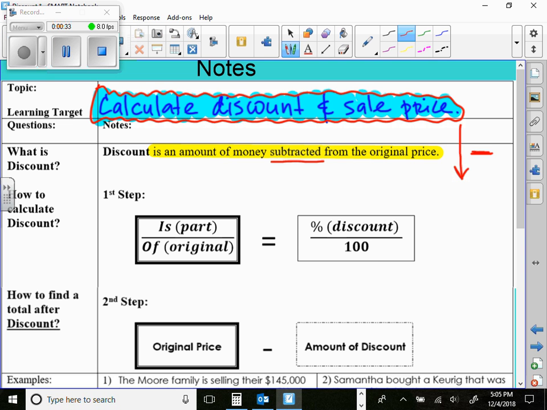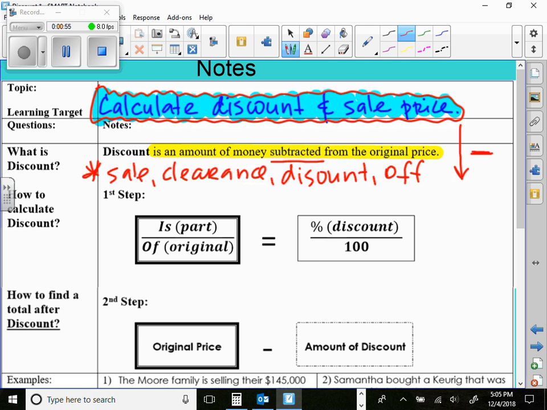Discount will make the item cost less. So anytime you hear things like sale, clearance, discount, off, these are all indicators of discount. All right.